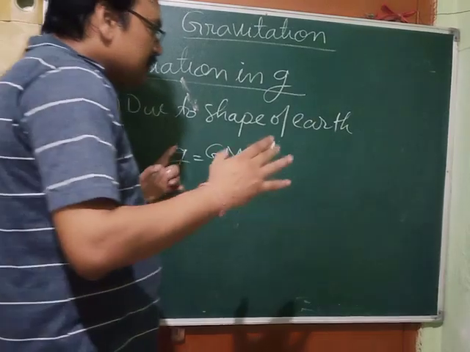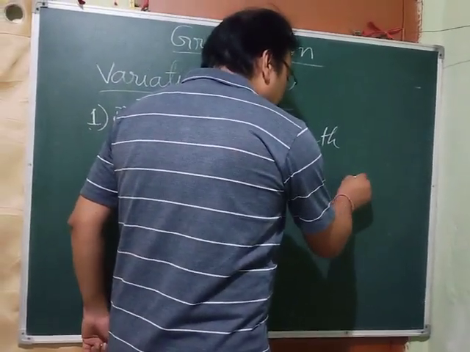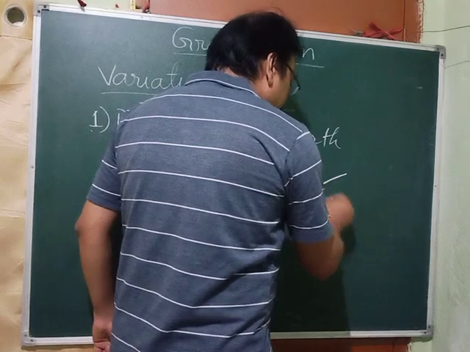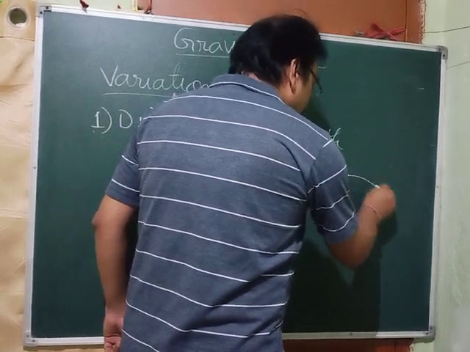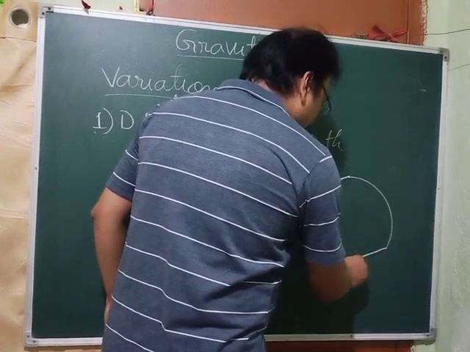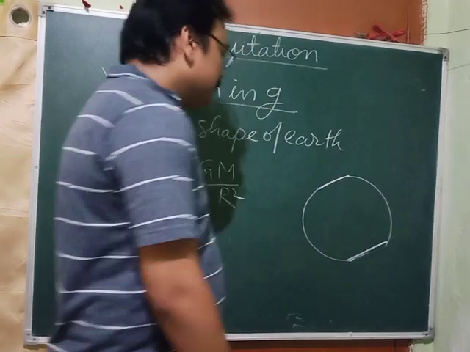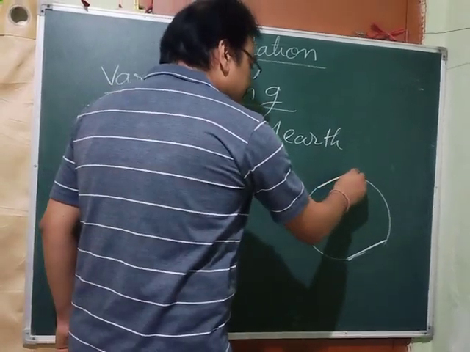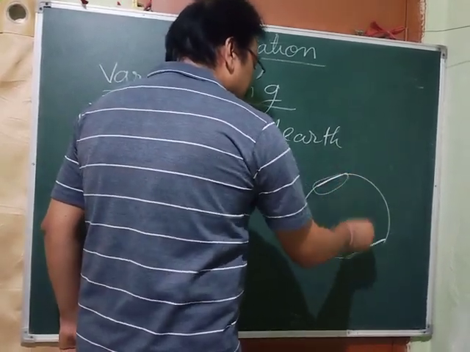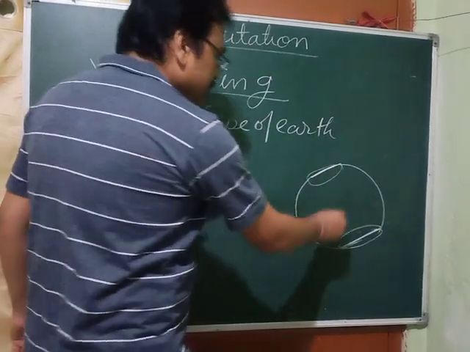Now see, what is the structure of the earth? It is somewhat like this. You might have seen that the earth is not a perfect sphere. We can say it is something like this. This is the polar region, and here is the center.